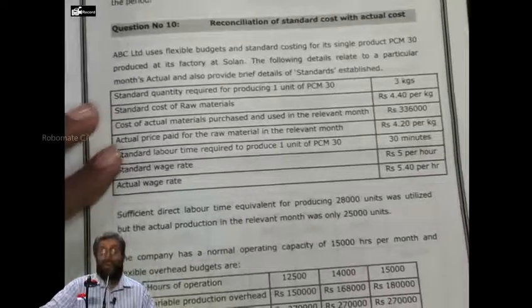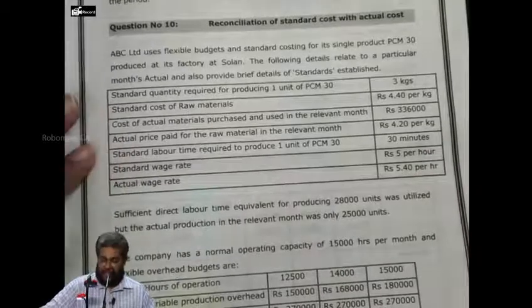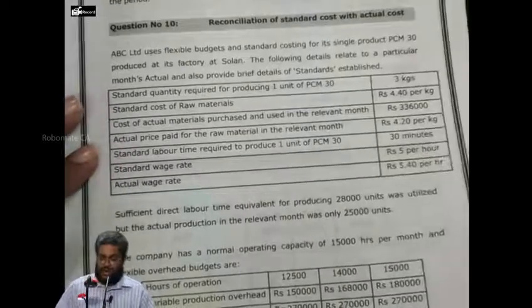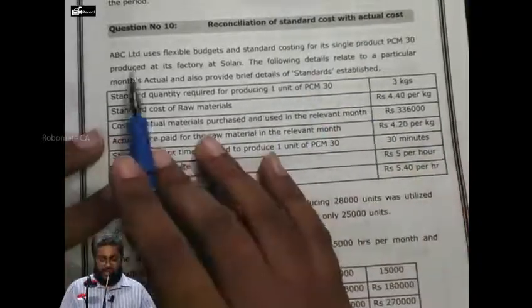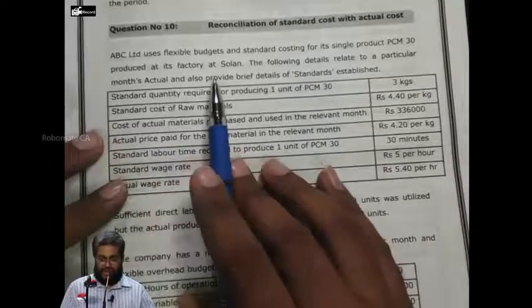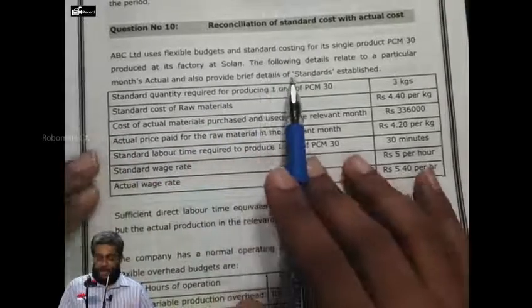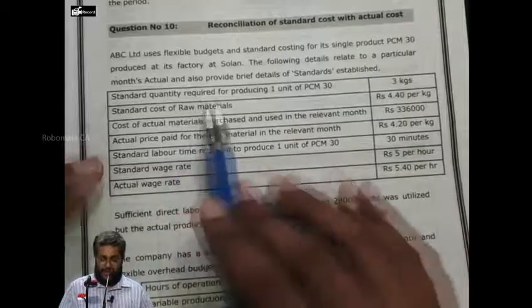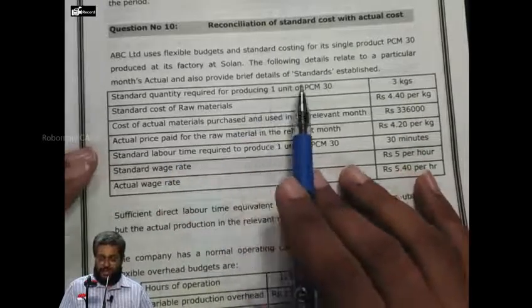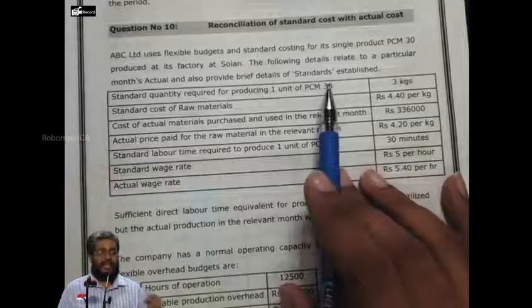ABC Limited uses flexible budgets and standard costing for its single product PCM30 produced at its factory at Solan. The following details relate to a particular month's actual and also provide brief details of standards established.